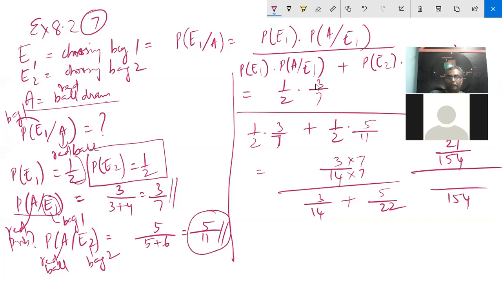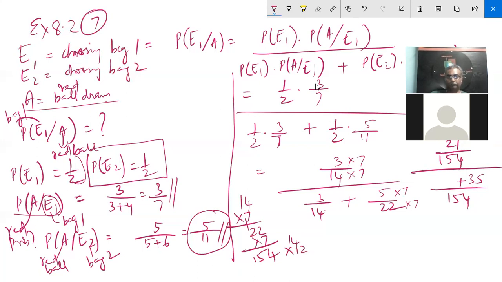This is 14 into 7, 22 into 7, 14, 2 7s, 154. So 14 will go in 154 how many times? 11 times. And 22 will go in 7 times, so 5 will go 7 times, this is 35.